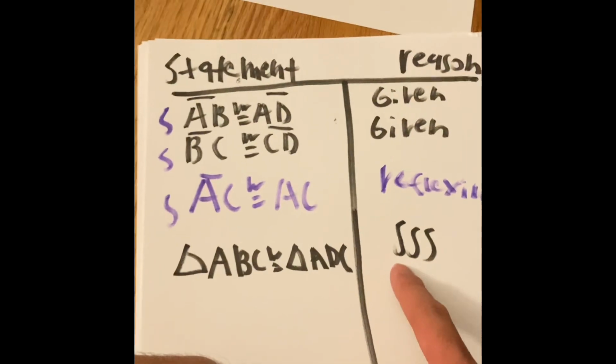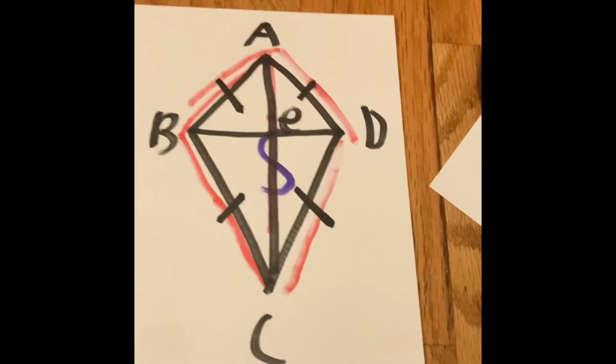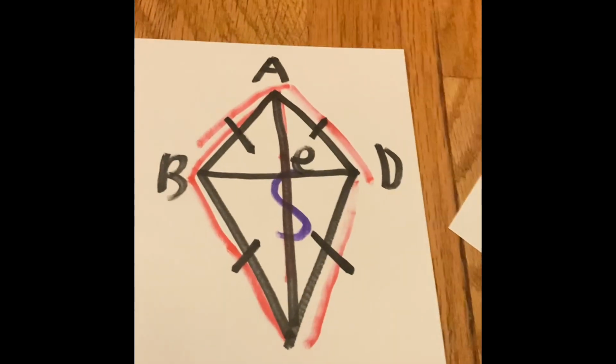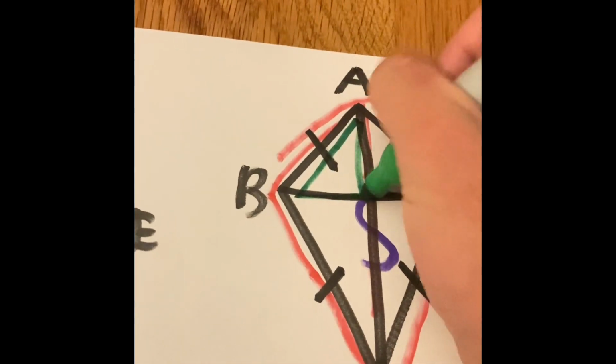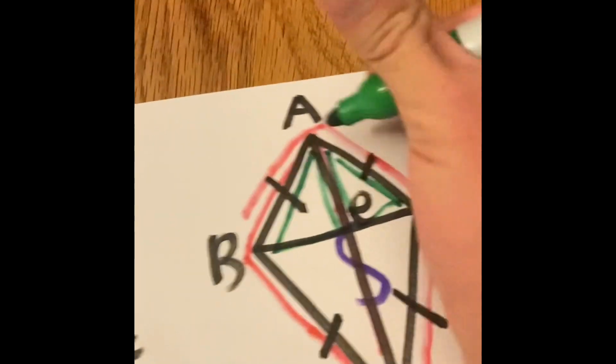Because remember how we used SSS? Then we could say that these two smaller triangles are sharing the same angle as those two bigger triangles. So the green triangles are basically sharing the same angle A as the rest.